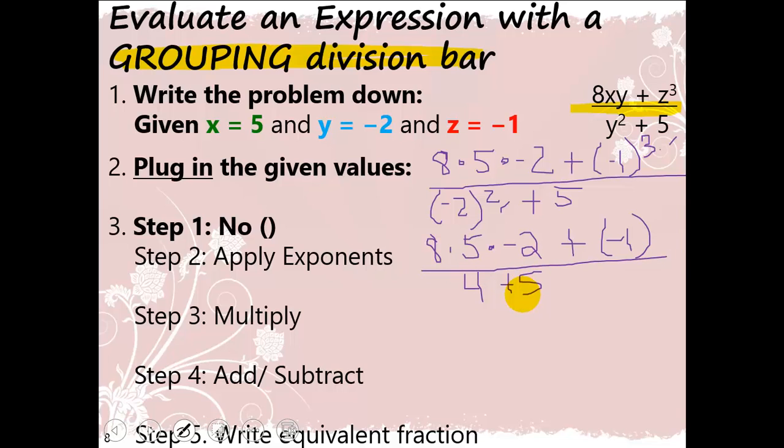Now I'm going to do my multiplication, and I get 8 times 5 times negative 2, that's negative 80, plus negative 1 over 4 plus 5. And now I'm going to add and subtract, and I get negative 81 over 9. And now I divide, negative 9.